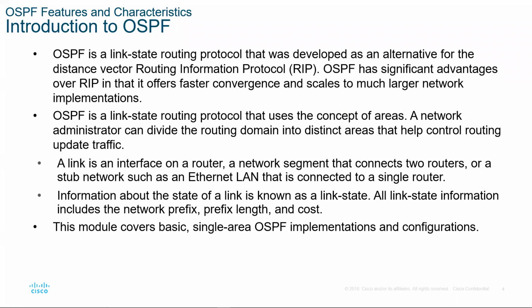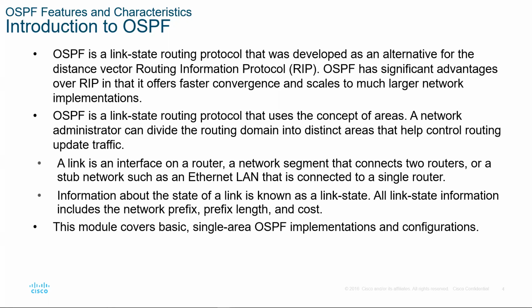So to start off with, let's explain what OSPF is. It's a link state routing protocol, which means it looks at each individual link and determines a cost, whereas RIP is a distance vector protocol, which only counts the number of hops or the number of routers that it goes through to determine the cost of a path.